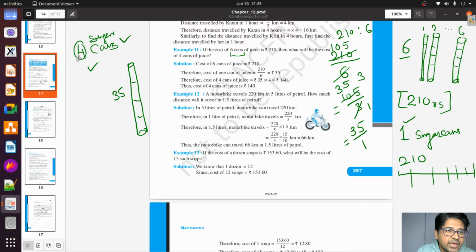Then 4 cane is 4 into 35. What was the answer? Let's do the multiplication. So 4 threes. Okay, who will do the multiplication? Yes, do. You speak, I'm going to write.